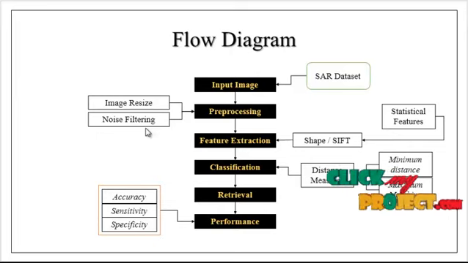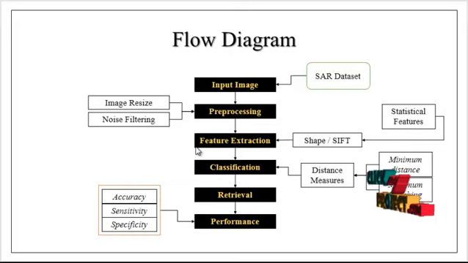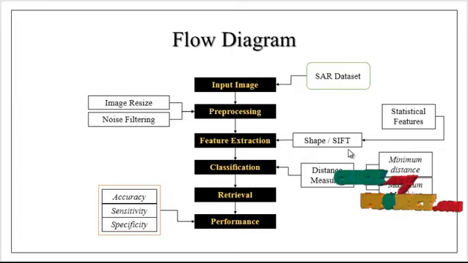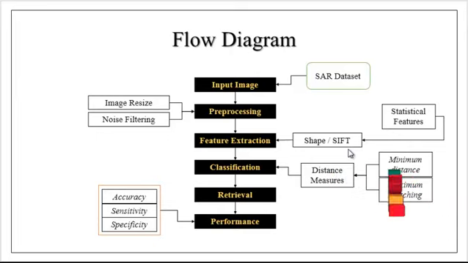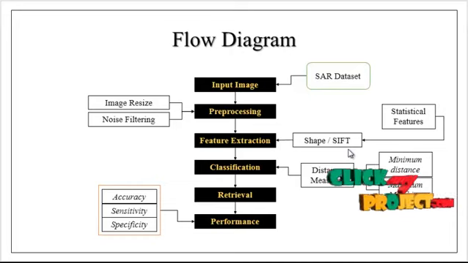After the pre-processing, we move to the third stage of the project, that is feature extraction. In this feature extraction, we have considered shape-based feature extraction by means of the SIFT feature extraction method. By using SIFT, we extract the statistical features from the images, then store them as a test feature.